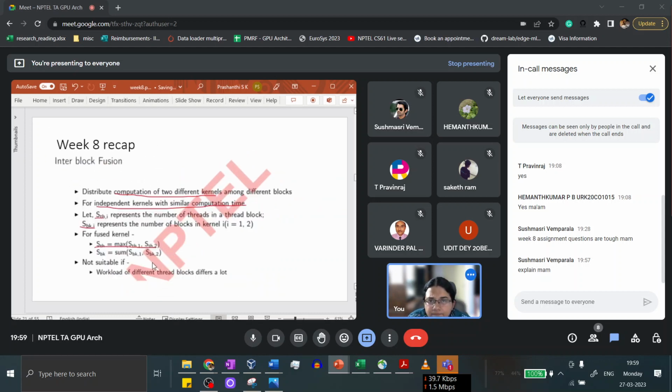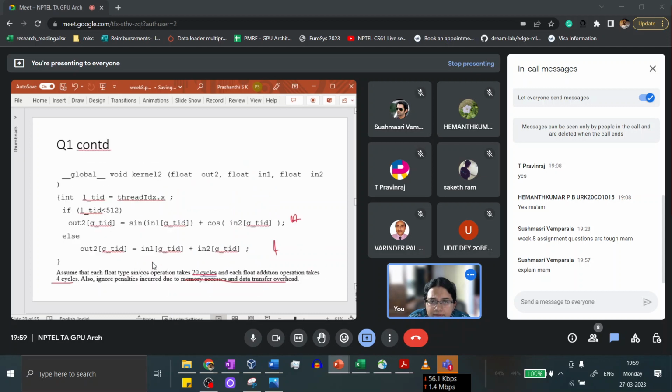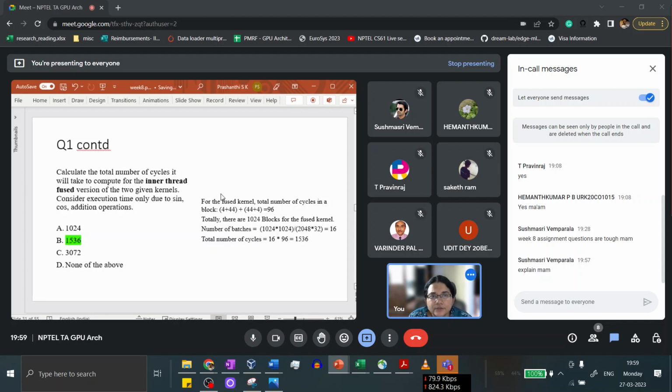So let's go back to this question. So the total number of cycles that you will have in the fused kernel is 4 plus 44 plus 4 plus 44, which is 96.